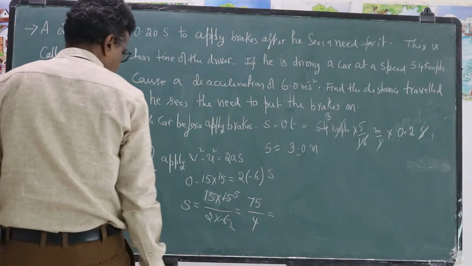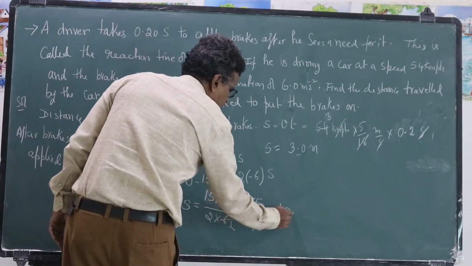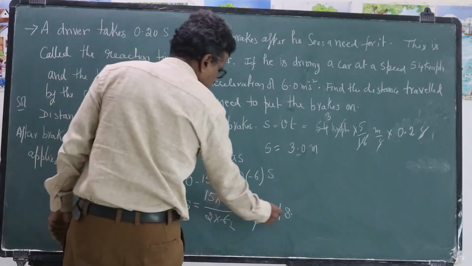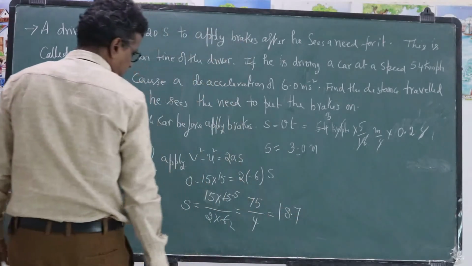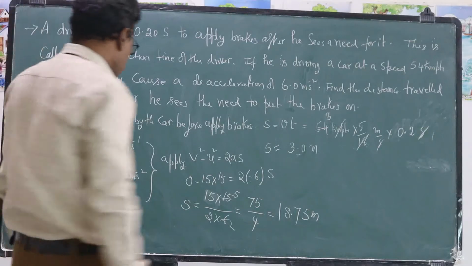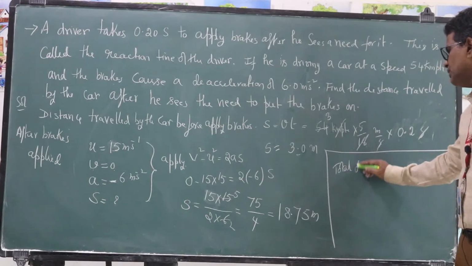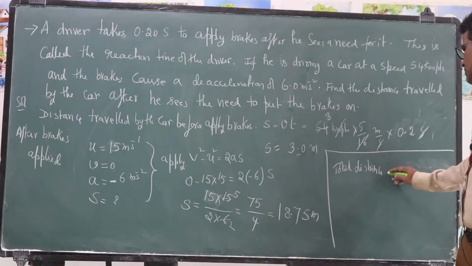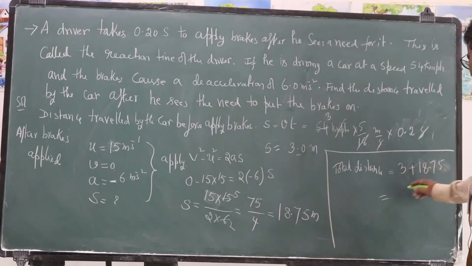75 by 4 is 18.75 meters. So the total distance traveled by the car before it comes to rest is 3 meters plus 18.75 meters, which is 21.75 meters.